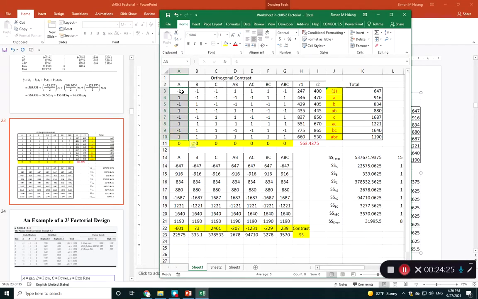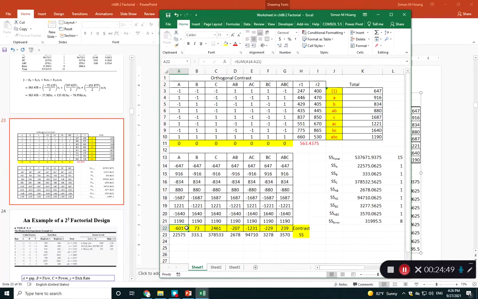Still using the observations, total times the contrast. So using this -1, +1 times this, you will have when A is negative, when A is positive. And then you will figure out your total A.